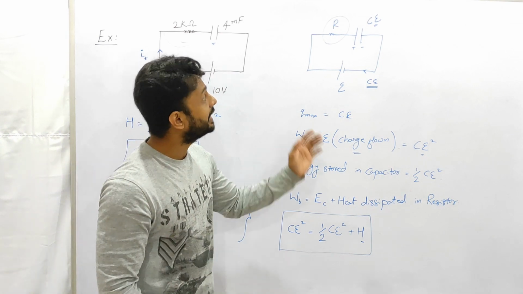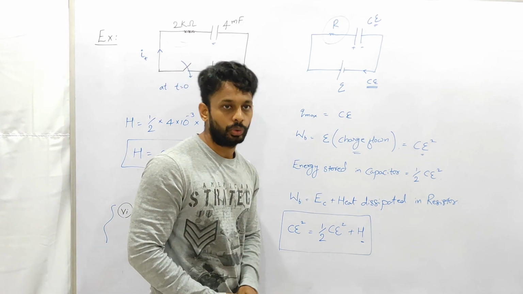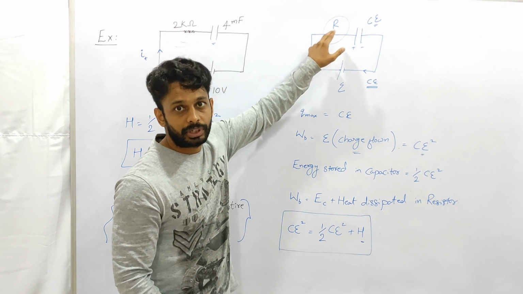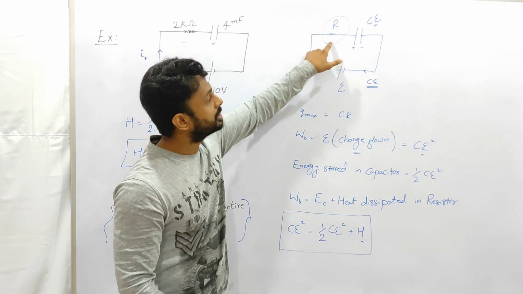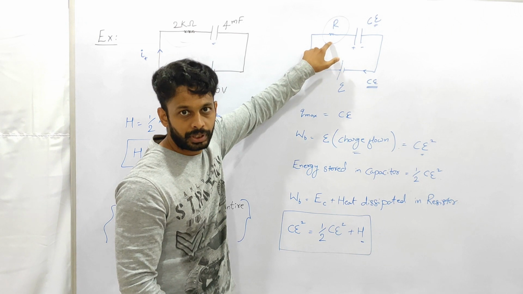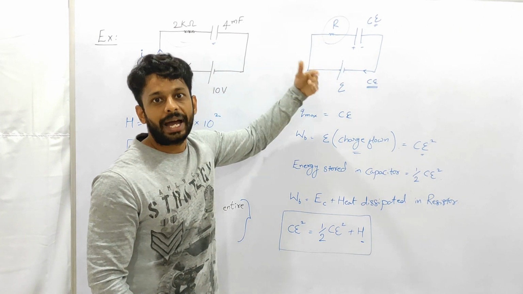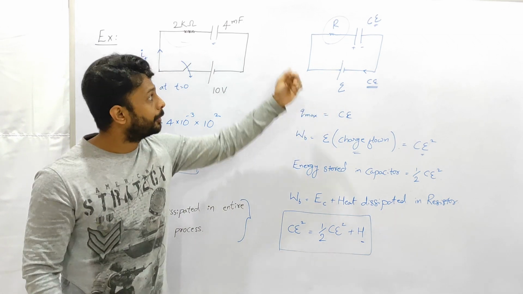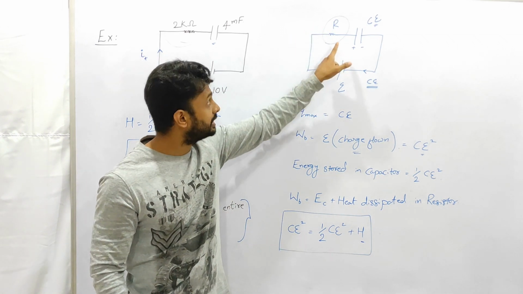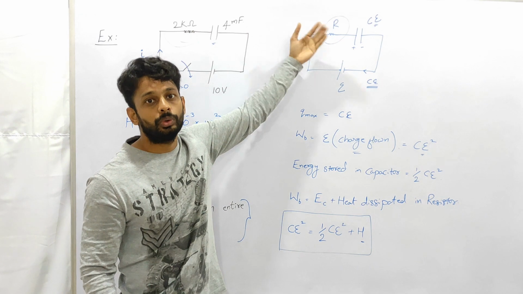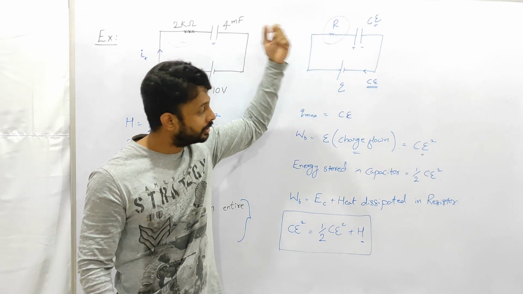But where will that remaining half of the energy go? If a resistor is present, there will be some heat dissipated in the resistor. But if there is no resistance, no I square R, no heat dissipated, first of all the resistance is absent, so there is no question of heat dissipation.